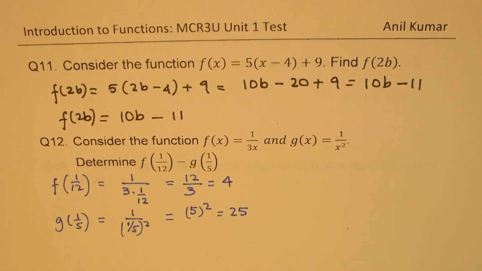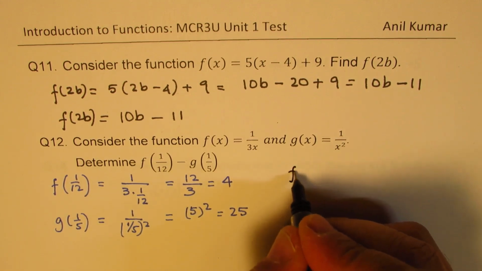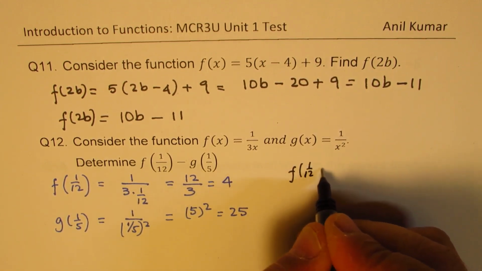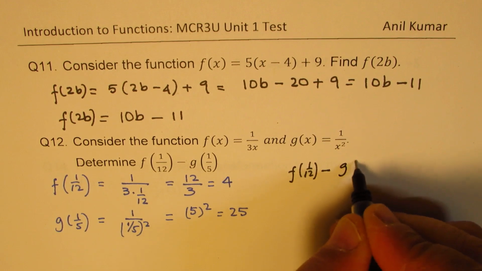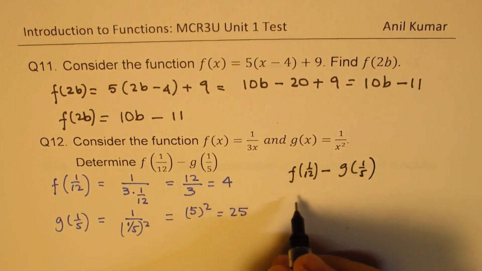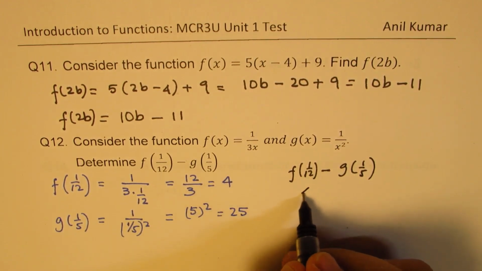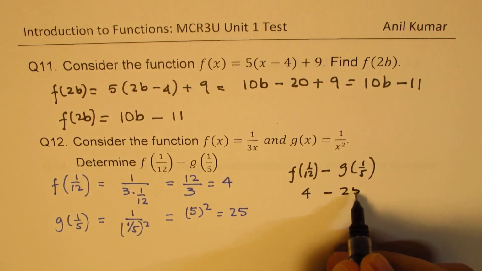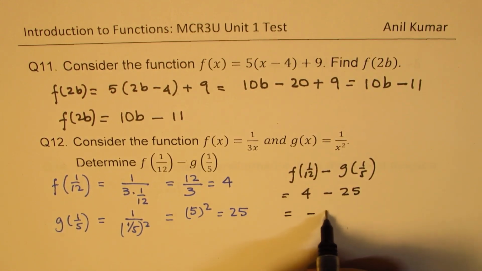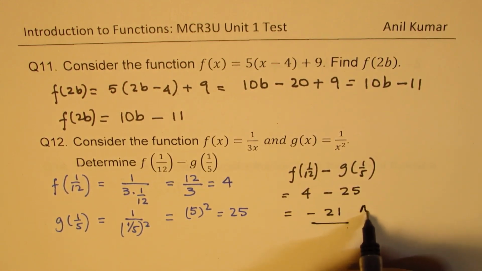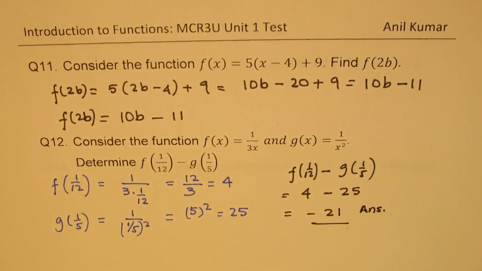We need to find f of 1 over 12 minus g of 1 over 5. So we'll substitute these values. We have 4 minus 25, which equals minus 21. So that is our answer. Is that clear? These are the steps involved to solve this type of question.